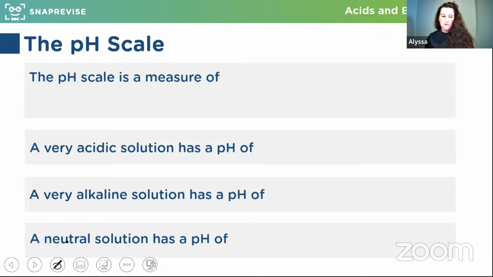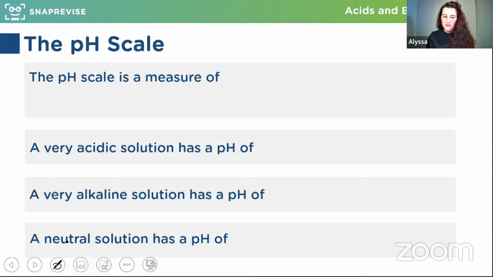Anyone want to have a go? What is the pH scale and what does it measure? And do we know what the range is? What's the range for the pH scale?